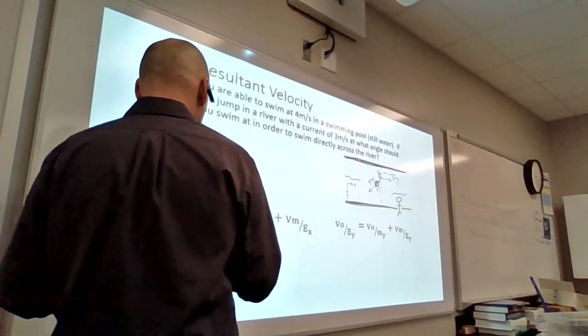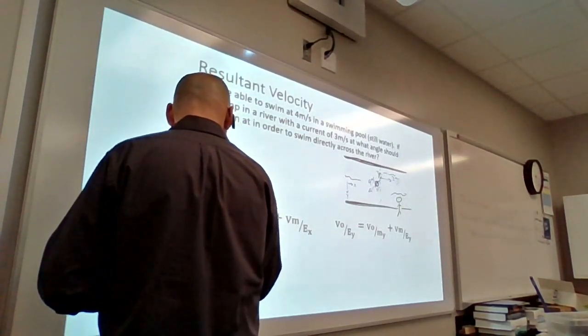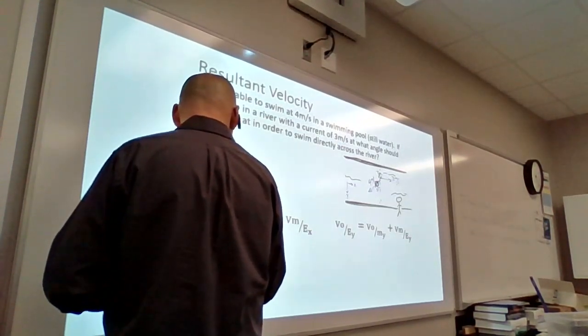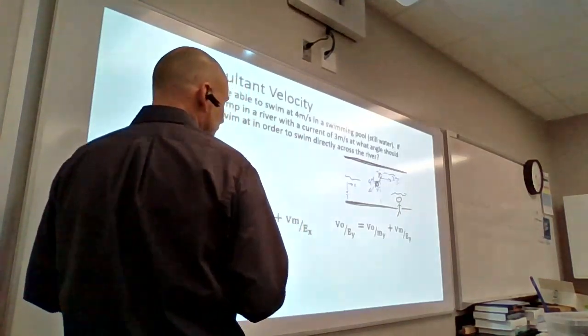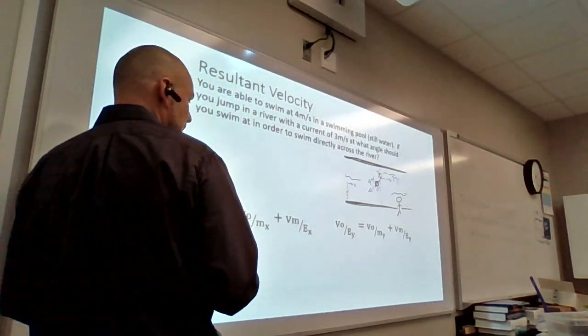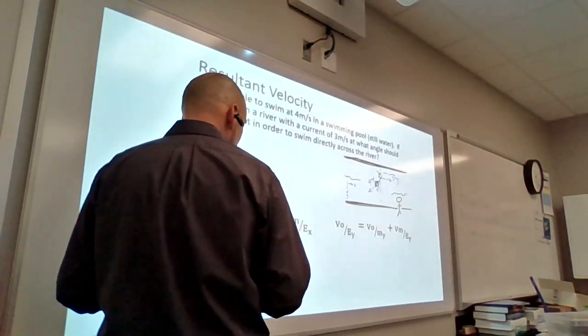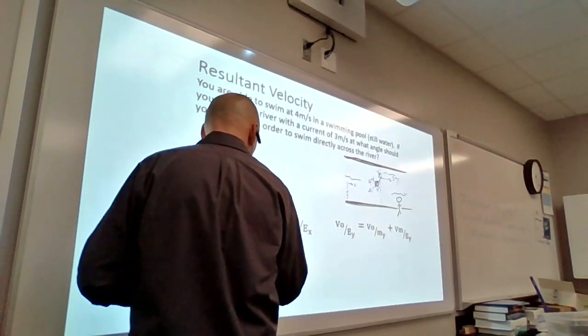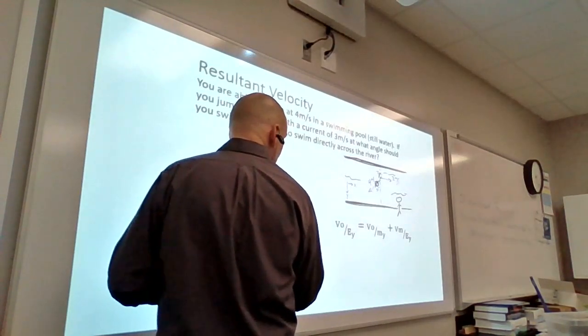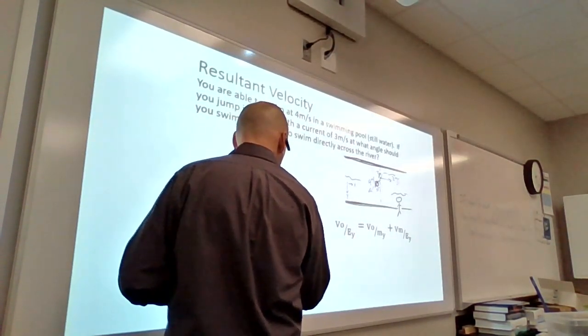I don't know this. Velocity of object relative to the medium. So we got 4 times cosine.